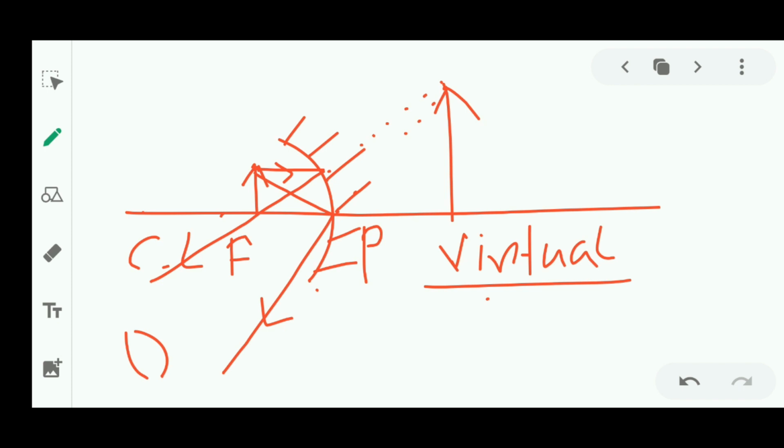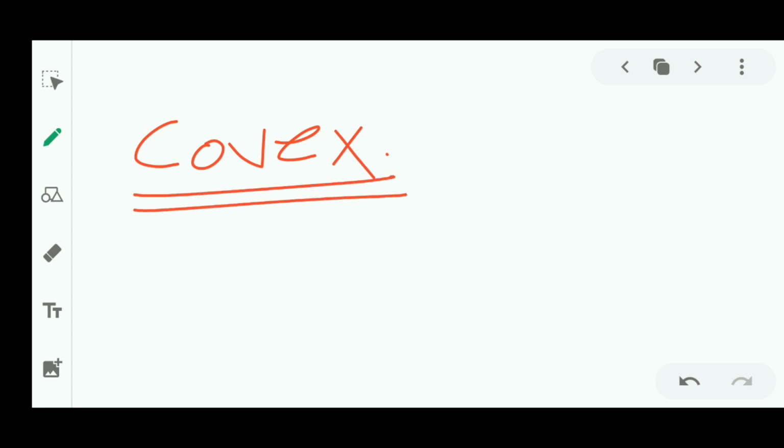Suppose another question, in case of a convex mirror: why are convex mirrors used? Because a convex mirror always forms a virtual image, and we can see a larger area. Suppose a question can come like this: what kind of mirror is used as the rear view mirror of a car to see the back of the car?